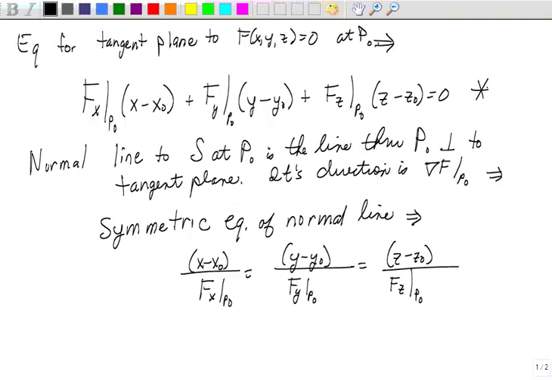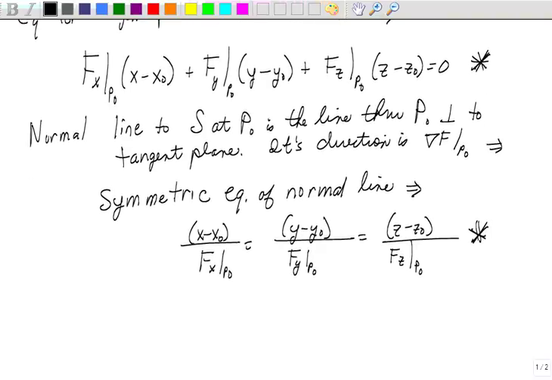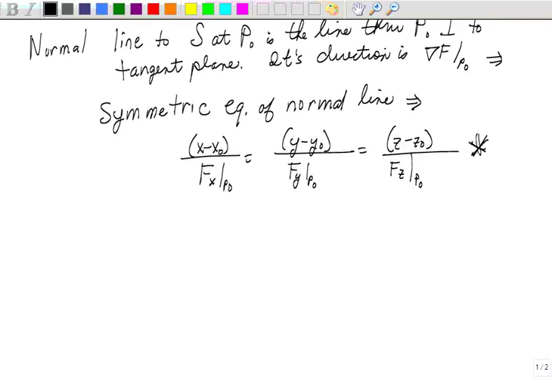So we're going to use this to find the equation of the tangent plane, and this to find the equation of the normal line at that point P0.